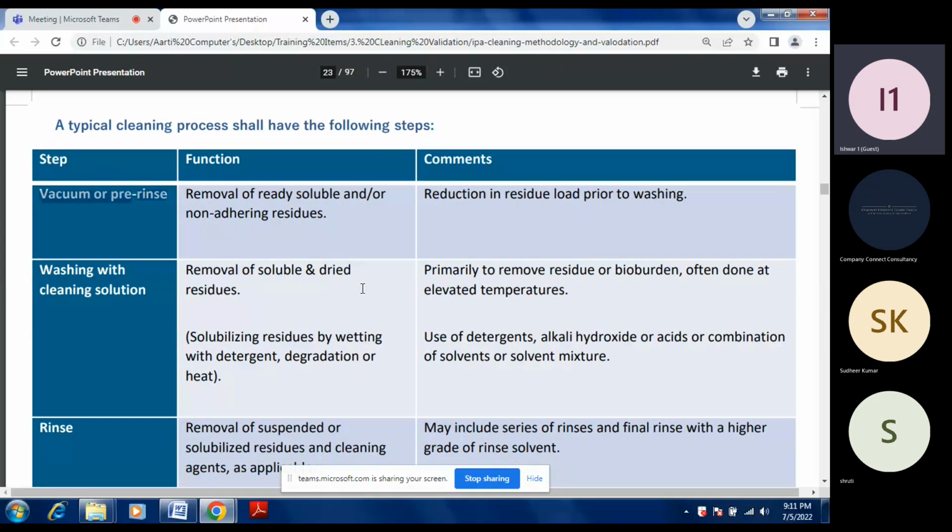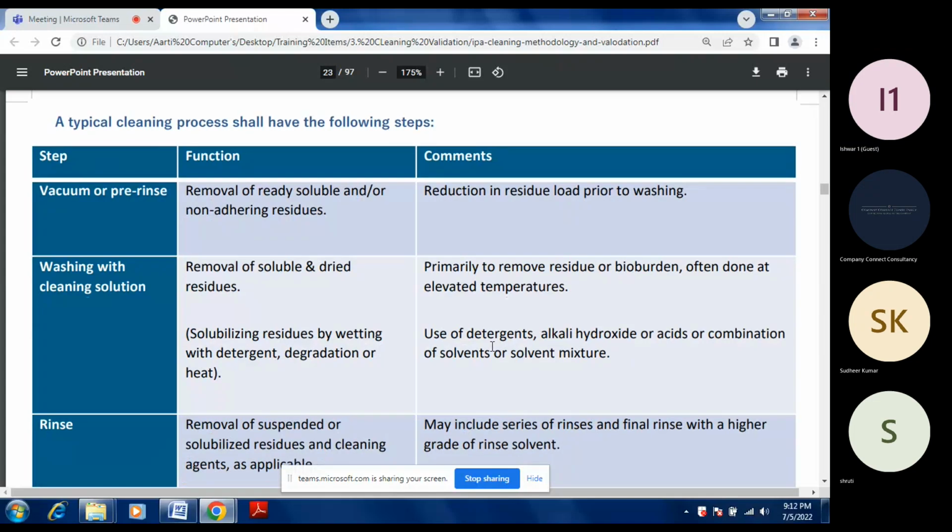Washing with the cleaning agents. What is the function of the cleaning agent? It is the removal of soluble and dried residues, solubilizing residue by wetting with the detergent, degradation, or heat. Primarily it removes the residues or bioburden, often done at an elevated temperature, using detergent, alkali hydroxide or acid, or a combination of solvents or solvent mixtures.